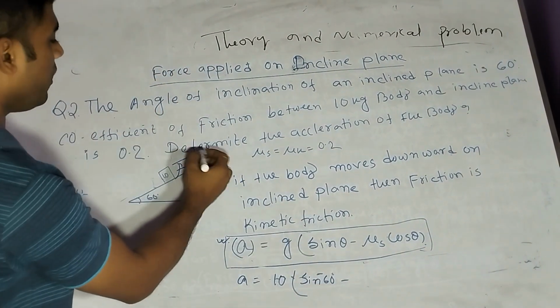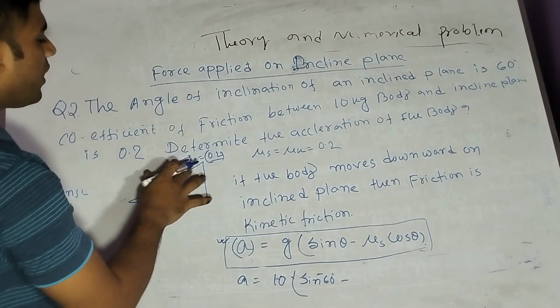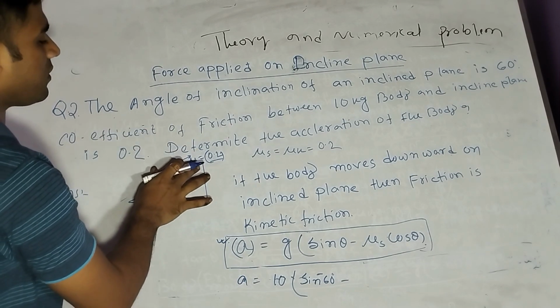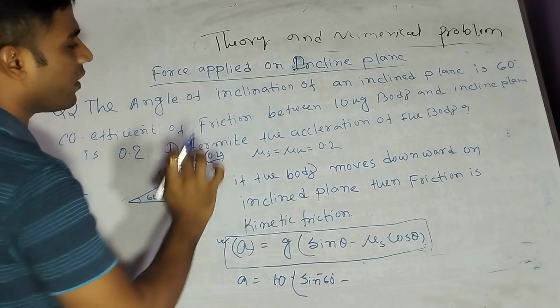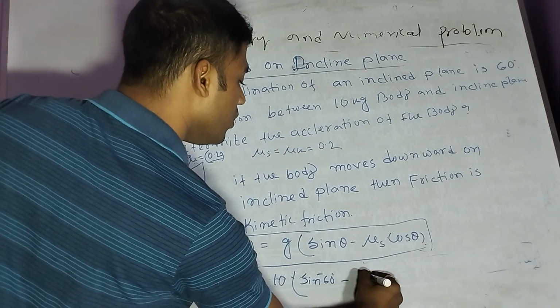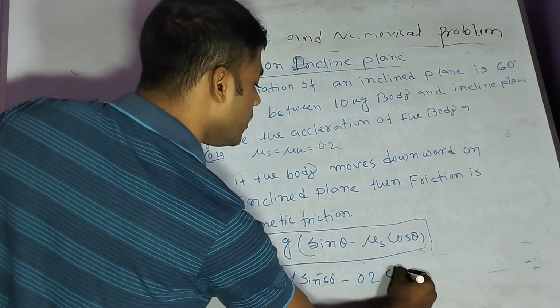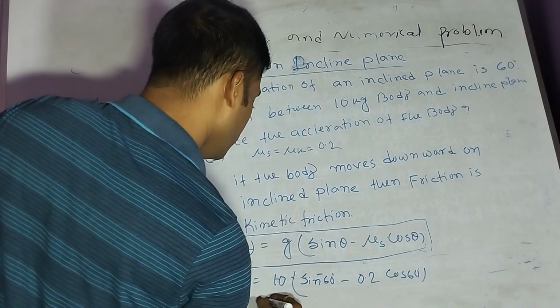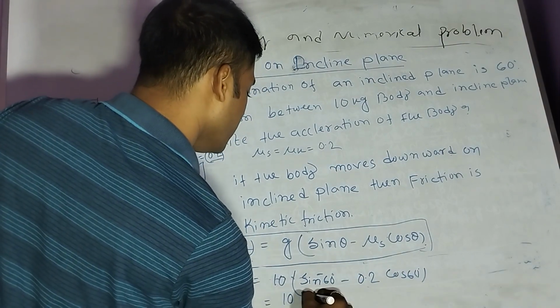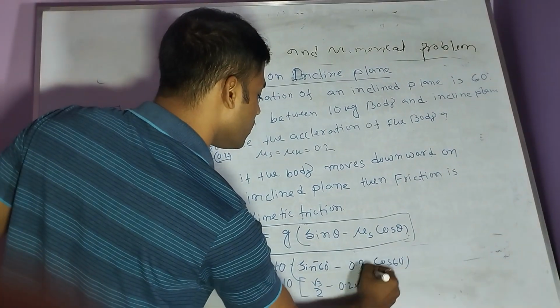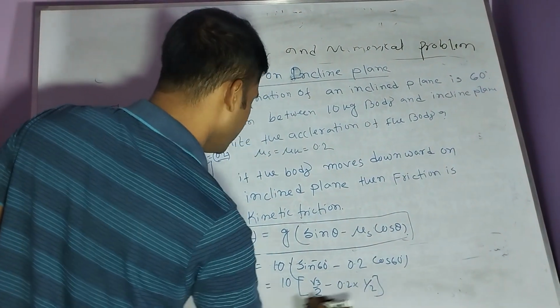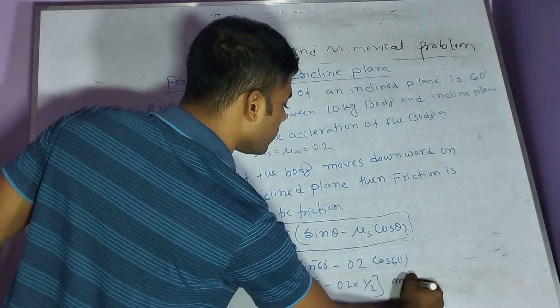Only the coefficient of friction is given, so this mu can behave as mu s or mu k, 0.2, times cos 60 degrees. So a is 10 times root 3 by 2 minus 0.2 times half. This is the answer for acceleration in meters per second squared.